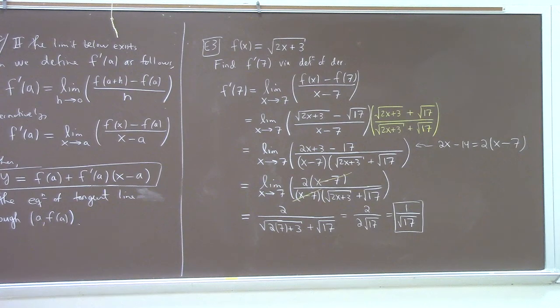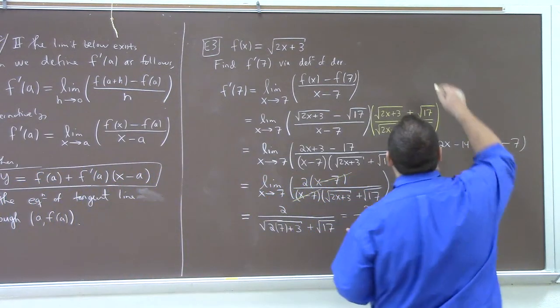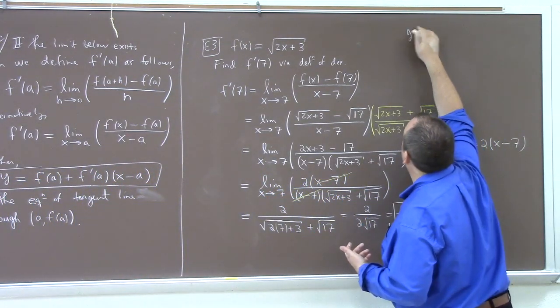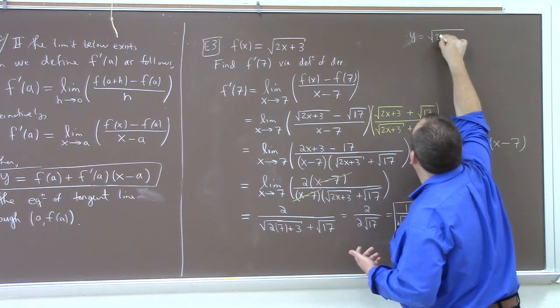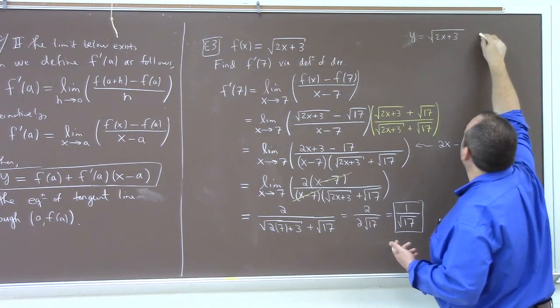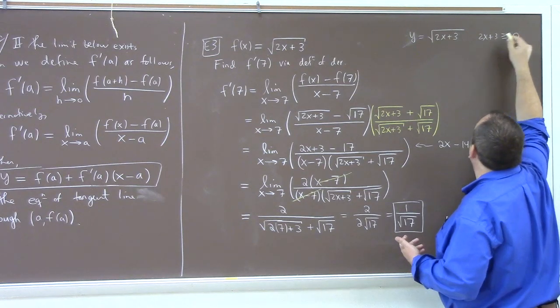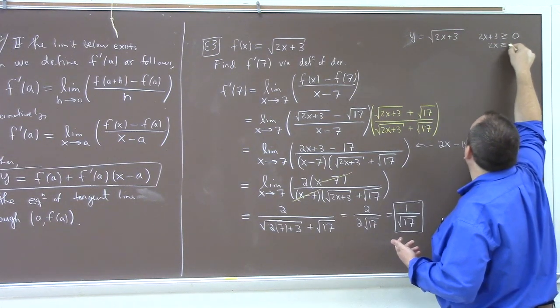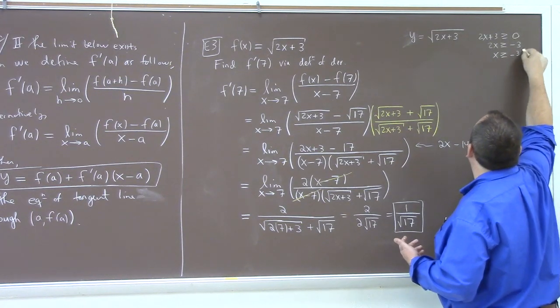What does this mean geometrically? What does this graph look like, by the way? If you were to write y equals f of x, what would that look like? Let's see here. So we need 2x plus 3 greater than or equal to 0 for the domain. 2x is greater than or equal to minus 3. x is greater than or equal to minus 3 halves.